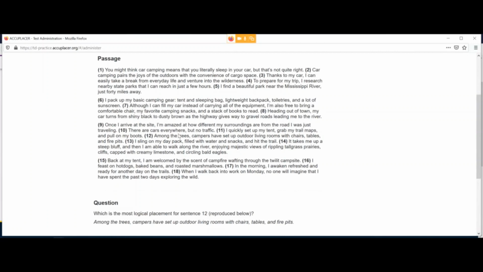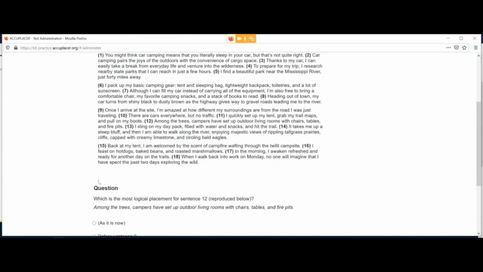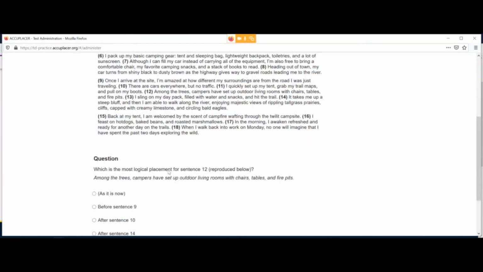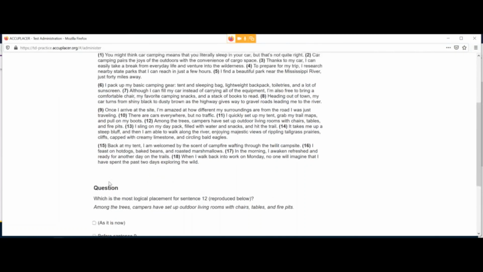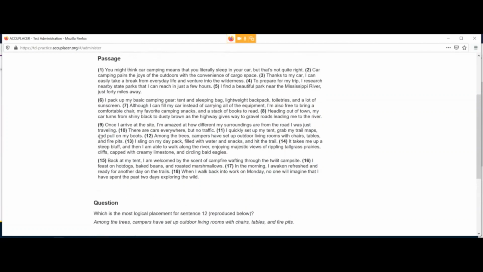And this is sentence number 12 here. Now we really need to read this whole paragraph in order to understand whether sentence 12 needs to be placed in a different location. So let's go ahead and read that particular paragraph.